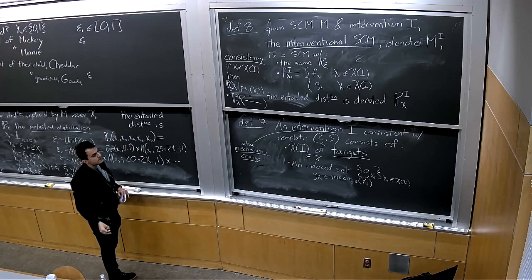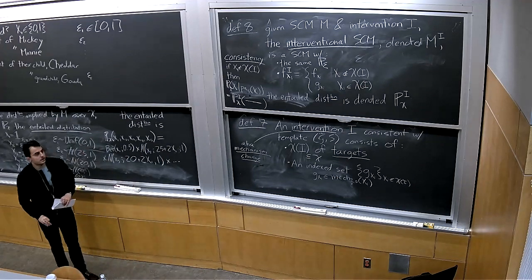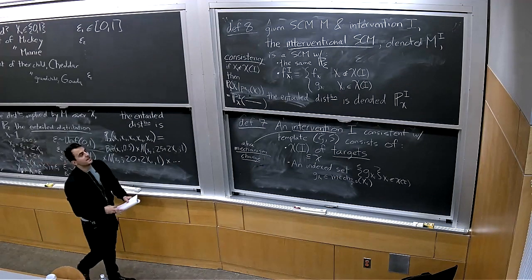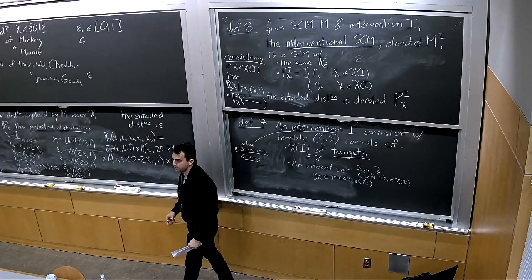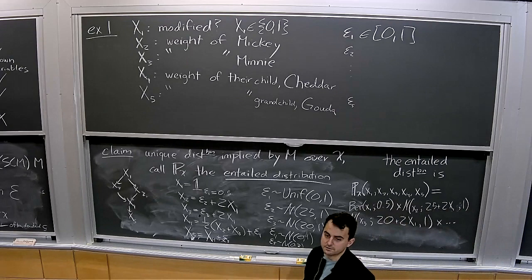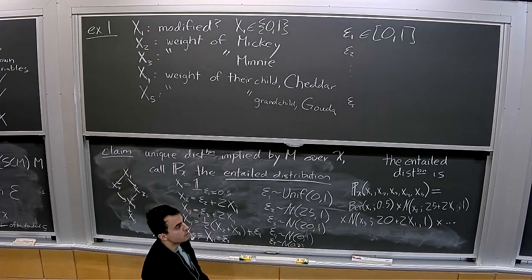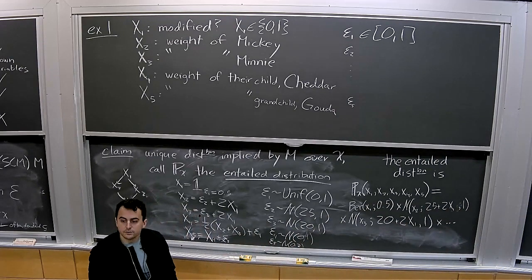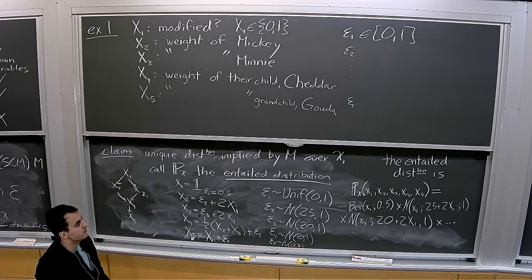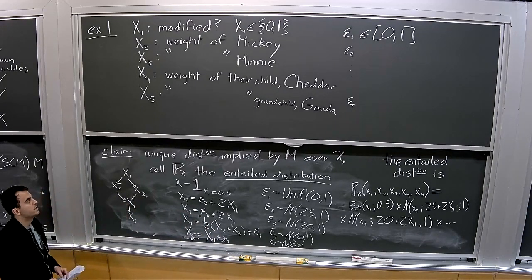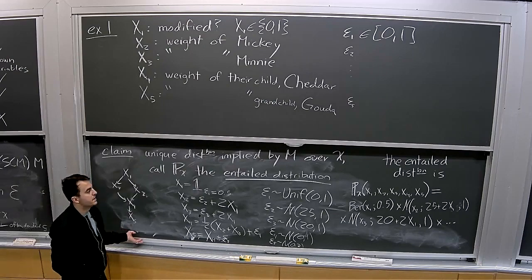When people usually think of interventions, they think not of replacing a function with another function, but of replacing a function with a deterministic value. That is a special case of what we're doing here. But these are important enough types of interventions that we're going to give them a separate name.